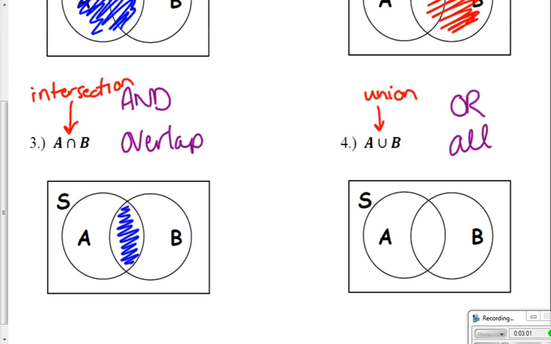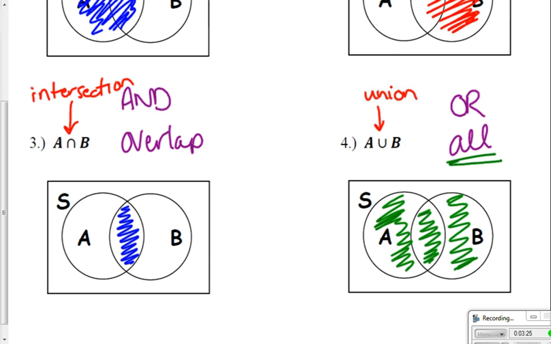Union means bringing two groups together, taking everything, whereas intersection is like the intersection of two roads. It's where the roads overlap each other or cross. So union means that you want everything that is in group A, or in group B, or in both of them. So you see how that ends up being everything? It's all of it. That's what union is.